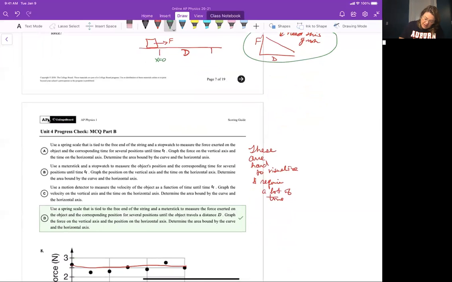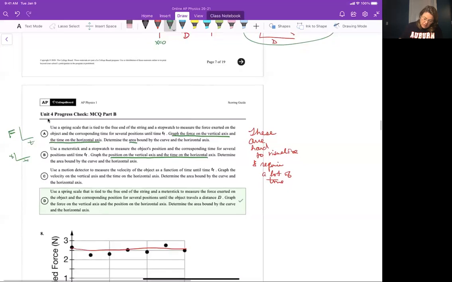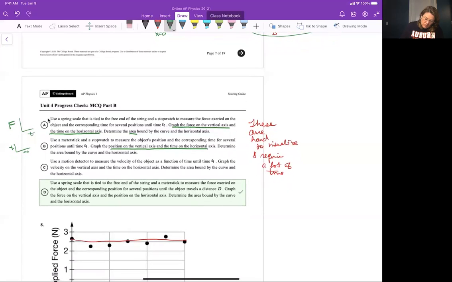But if you can scan and say, okay, graph the force on the vertical axis versus time, force versus time, and then determine the area. That doesn't give me units of work. Graph the position on the vertical axis versus time. Now I have position versus time. The area of that doesn't give me work. Graph the velocity versus time.